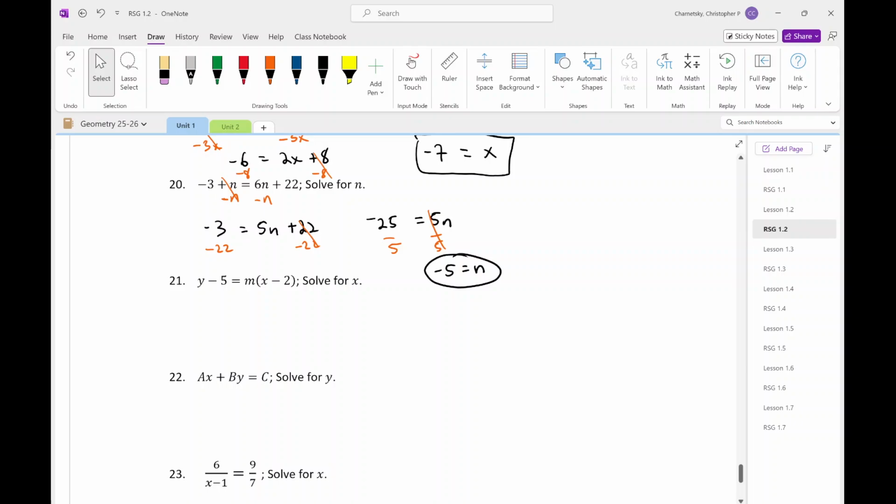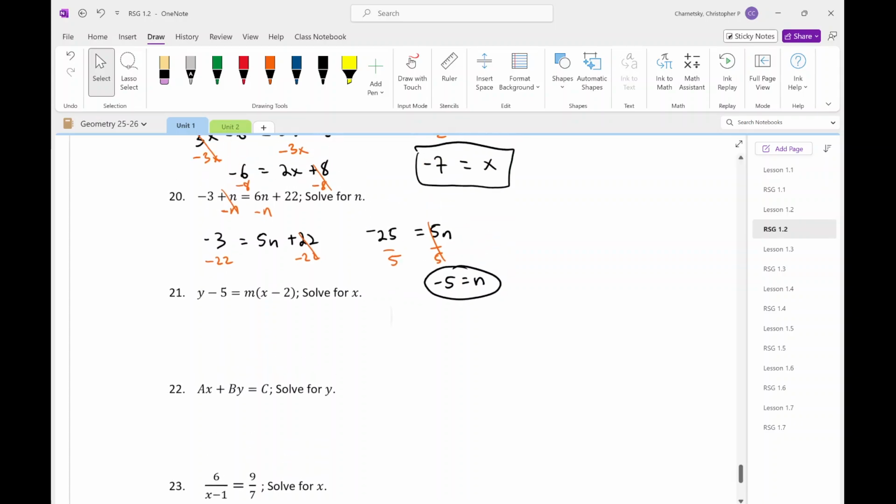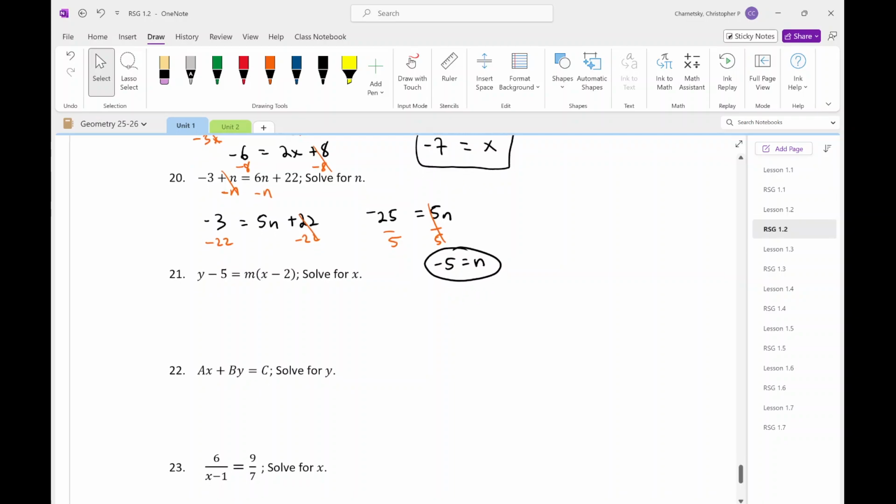Number 21 gets a little bit complicated because we have more than one variable in the equation, and we're told to solve for x. So really, it's going to be the same process. We're still going to get that variable by itself. We're just not going to have a number solution. We're going to have a different equation. Okay?